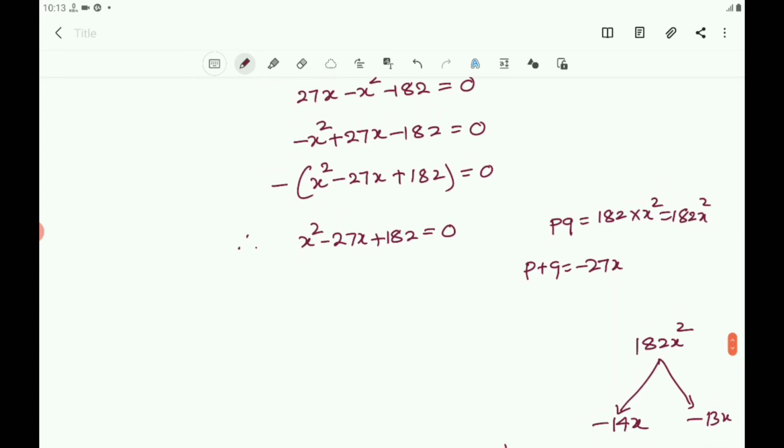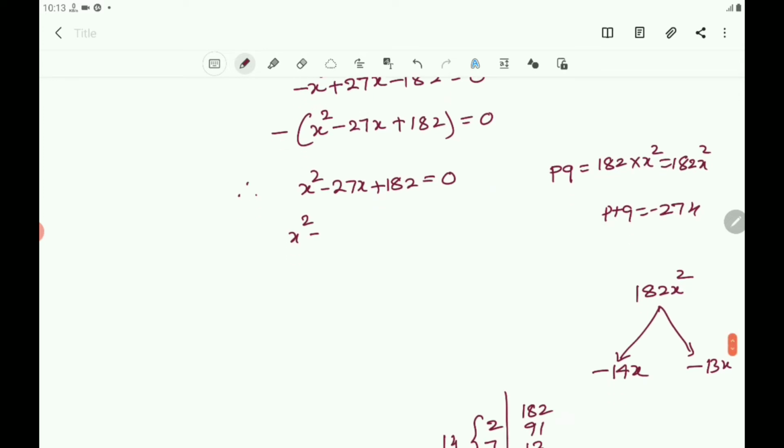So you write here x square, p plus q equals minus 27x, and x square minus 27x can be split as x square minus 14x minus 13x plus 182 equals 0. x into x minus 14, because here you know that x into x is x square and x into minus 14 is minus 14x.